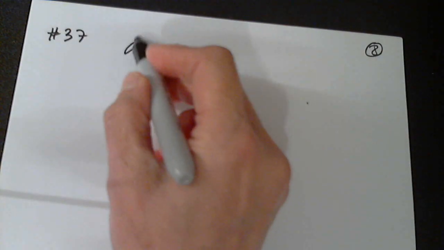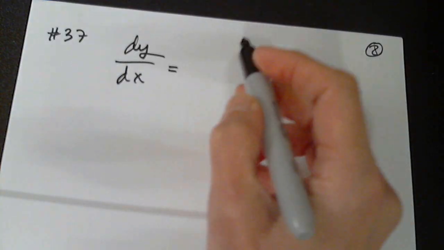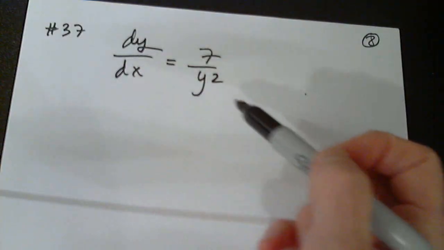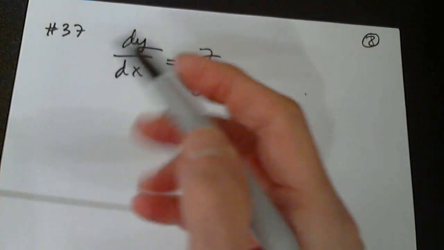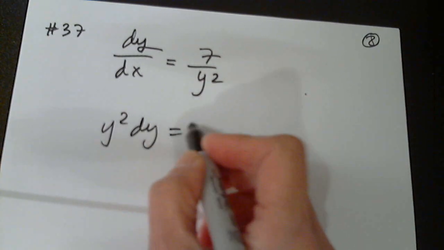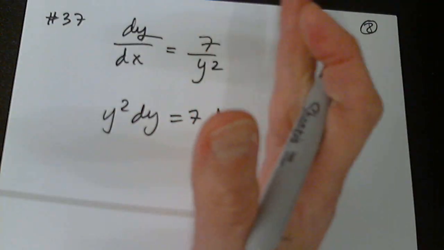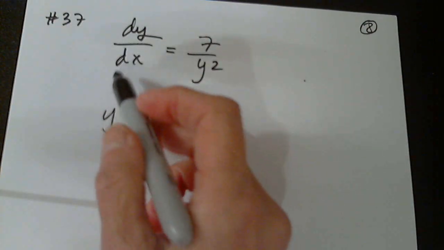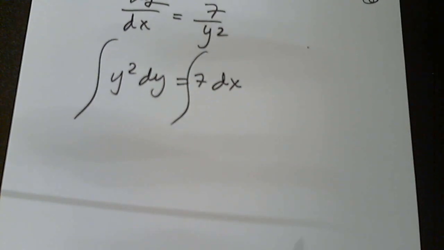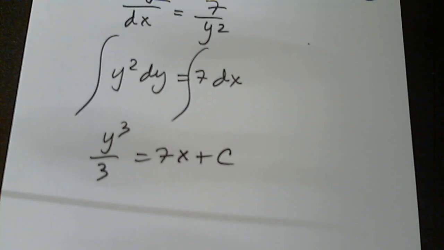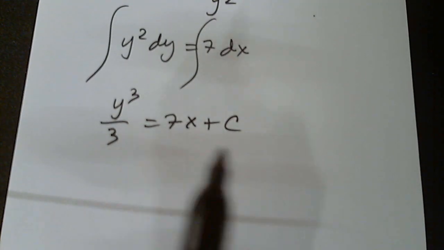dy over dx equals 7 over y squared. Okay. Good. Well, this time I'm going to have to cross multiply, meaning y squared dy equals 7 dx. Are they separated? Yes, of course. X alone on one side and y alone on the other. So we are ready. So this is y to the third over 3 equals 7x plus a constant C. I will multiply both sides by 3.